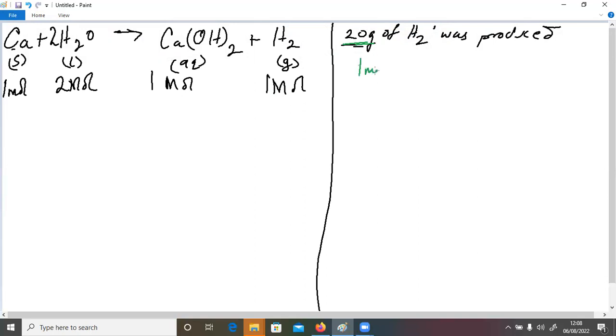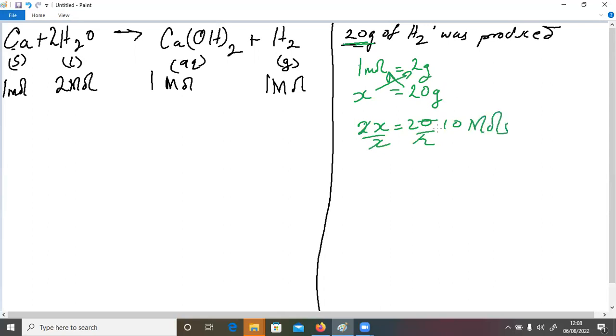I know that 1 mole of hydrogen gas is equal to 2 grams. What about 20 grams? 20 grams must be equal to x. So I do my cross multiplication, and I get 2x is equal to 20, then divide by 2, and I find that I'm dealing with 10 moles of hydrogen.